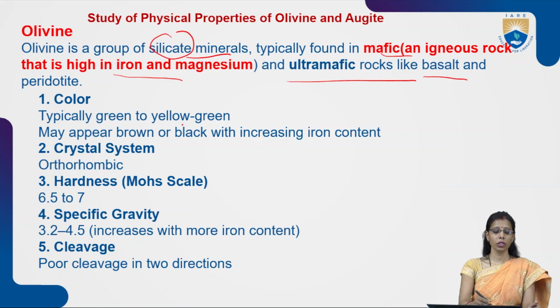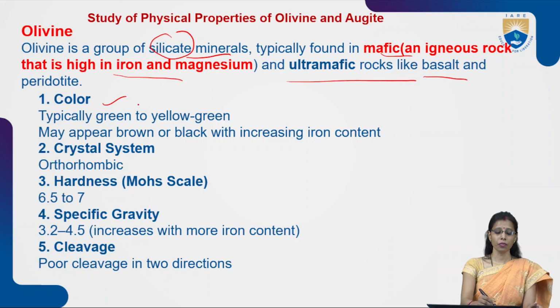Now, if you talk about the physical properties of these kinds of minerals, physical properties means we talk about its color, its hardness, its appearance, its texture, its specific gravity, and the cleavage or fractures. All that we discuss in the physical properties of a mineral.